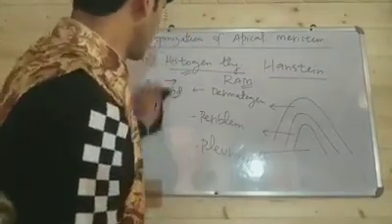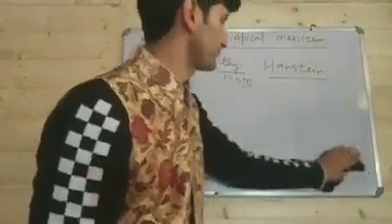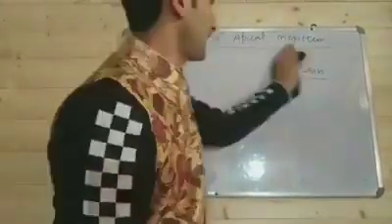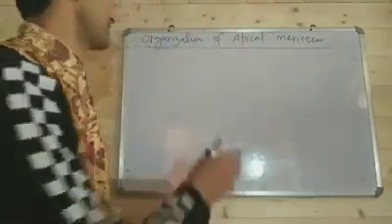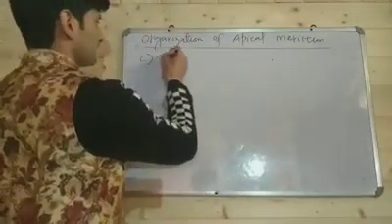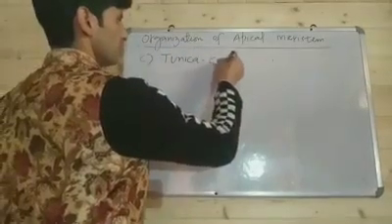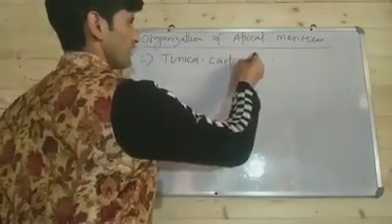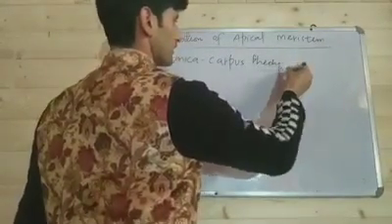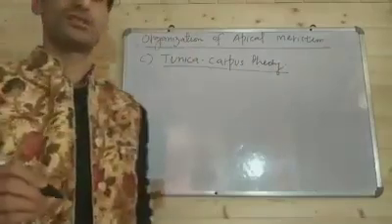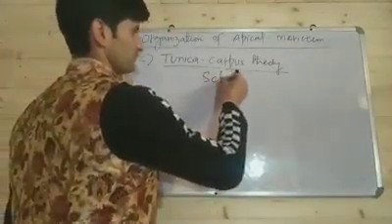Okay. Then we have the third theory, another theory which explains the organization of apical meristem. That is what we call tunica corpus theory. This tunica corpus theory was given by Schmidt.